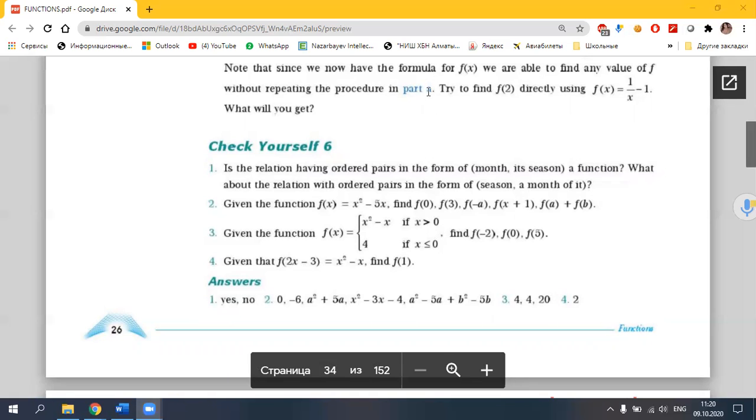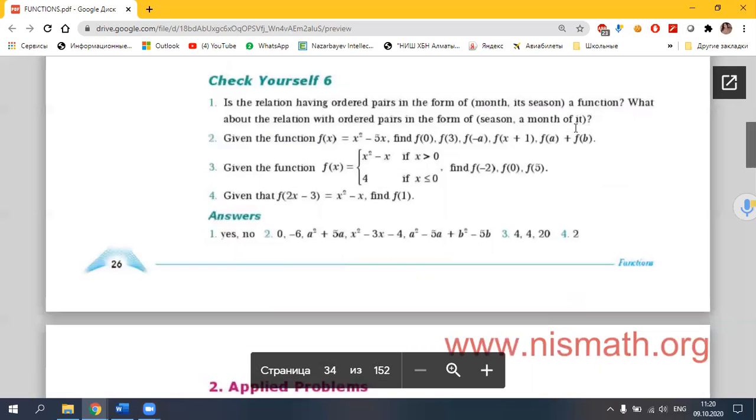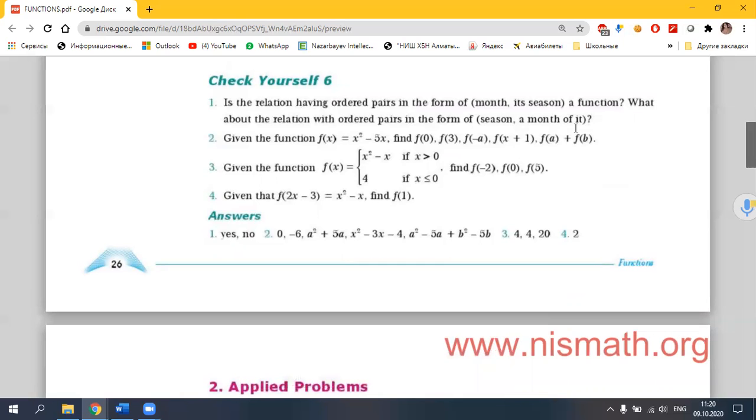Түсіндіңдер ма сұрақты? Months деген не? Month деген ай, я. Және мезгіл, season. То есть бұл функция болып санала ма деп сұрайды өмірде.